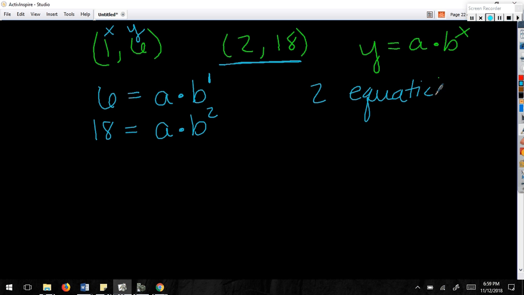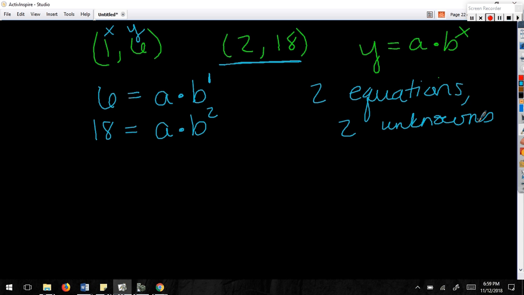And if you think back to Algebra 1, when I have 2 equations and 2 unknowns, this is called a system of equations, right? So I have to figure out how to solve it. If you rewind back, there were 2 methods, substitution and elimination.